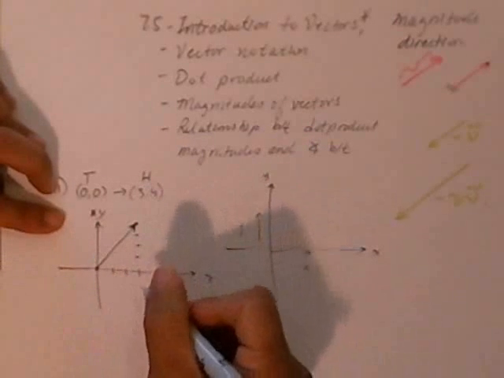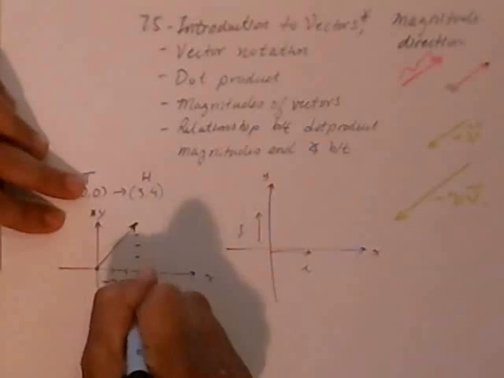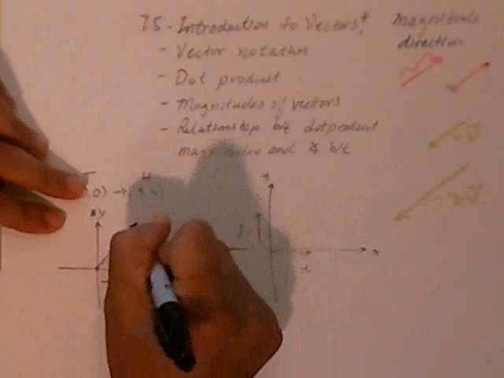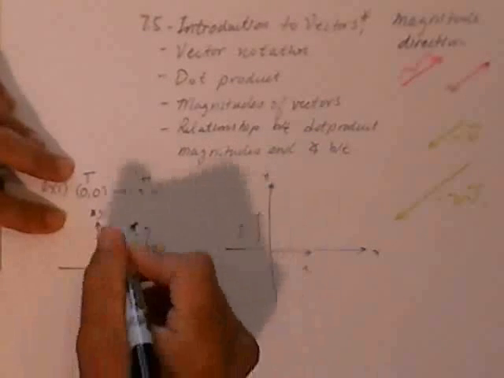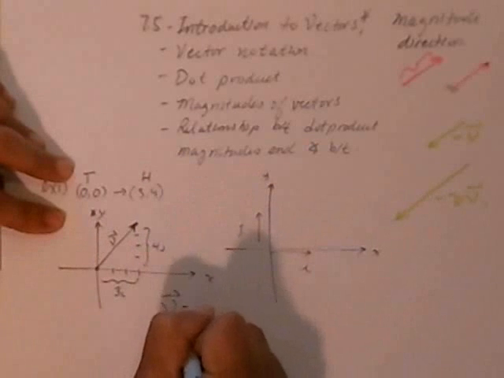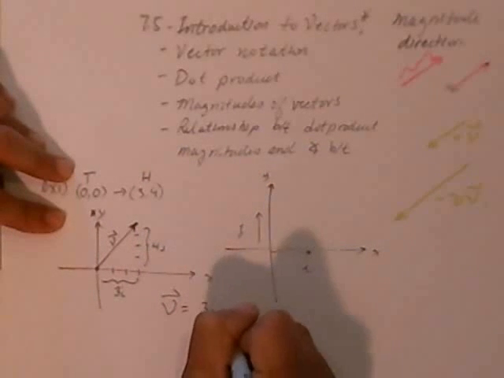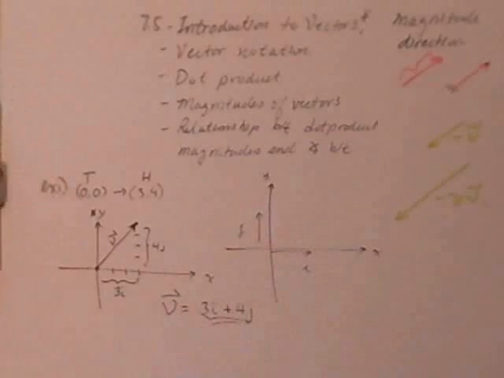And the vector, the way we denote it, we can denote it several different ways. It's 3i and then 4j. So the vector, let's call this vector v. Vector v is equal to 3i plus 4j. That's how we write it.